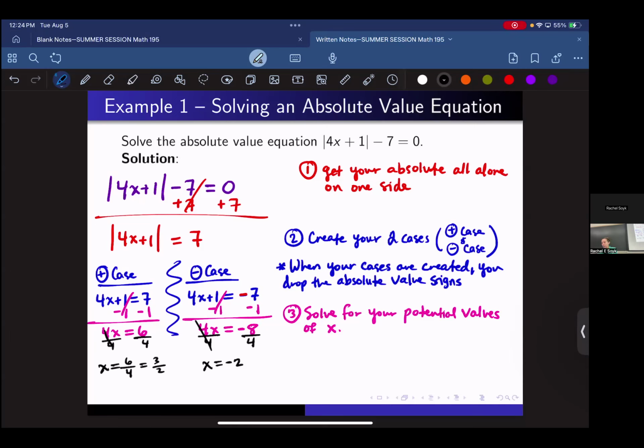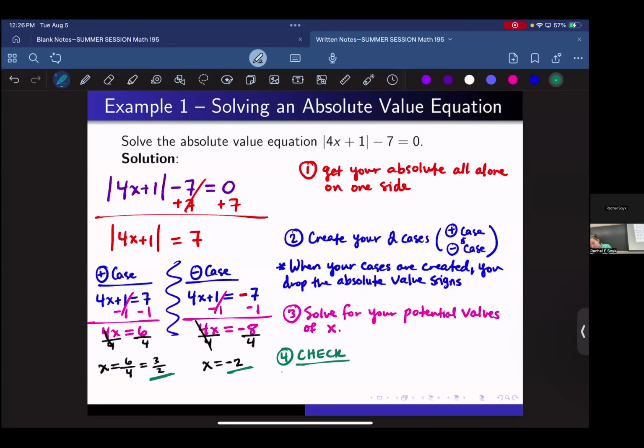And then the last step is you're going to check. Yeah, so we have our last step, which is checking, because there are certain times where one of these solutions will work and the other one won't, or none of them would work.